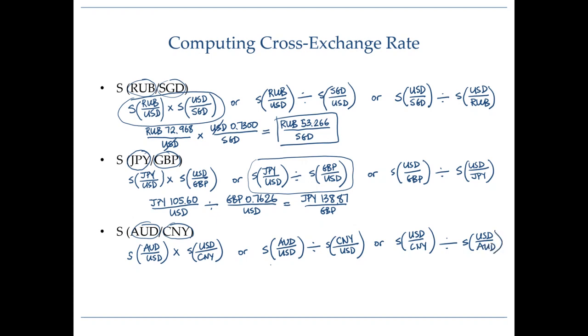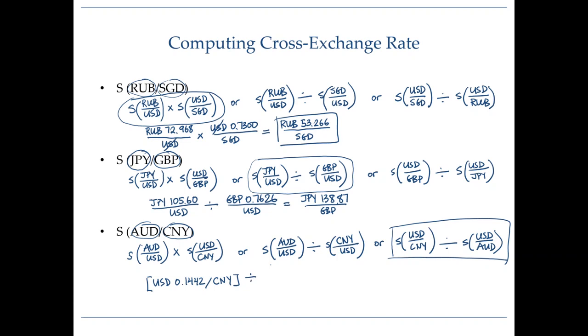For this one, let's use the third approach that uses two different direct quotes, or two exchange rates in American terms. If you take a look at the previous table, you will see that 1 Chinese yuan is equivalent to 0.1442 US dollar.